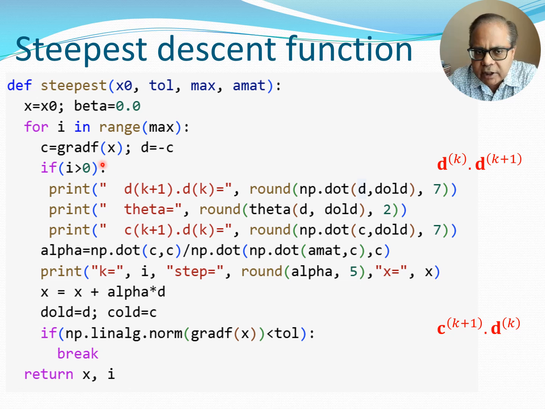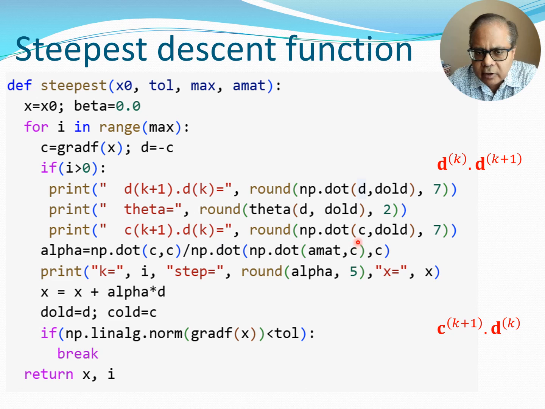Now when i becomes greater than 0, I essentially have access to both the current value and the previous value. Then I start calculating the dot products here. So I'm directly printing out the dot product, for example, of d and d old, and also I'm printing out the theta value which is there between d and d old, and finally I'm printing out the dot product which will tell me if the line search criteria is satisfied.